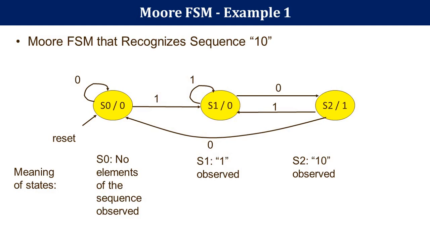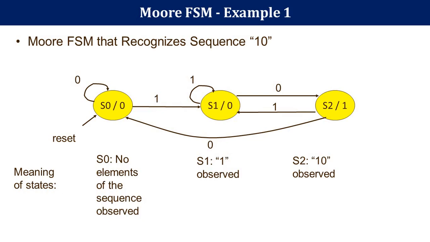When the next bit, 0, is detected, it will transit from S1 to S2, and at S2 our whole sequence 1 0 is detected, and you have to write output 1 inside the circle of S2.